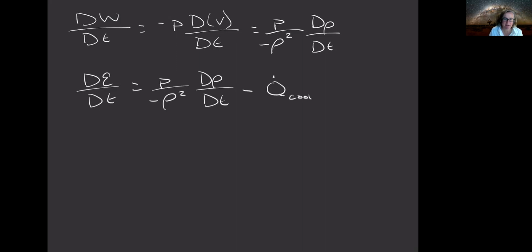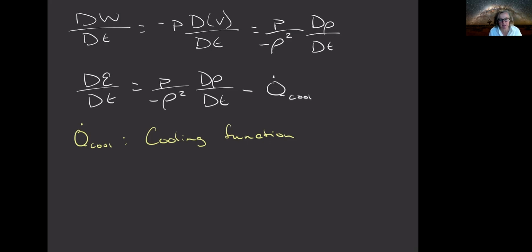So that's just replacing my dq dt by saying I've got an amount of energy gained from the surroundings, and I'm going to call it a cooling function. So q cool is a cooling function. And I write it that way because in astrophysics, it's often easy to identify a cooling function.